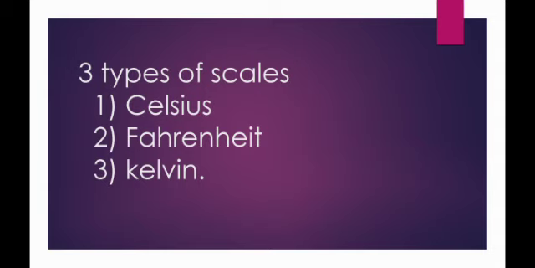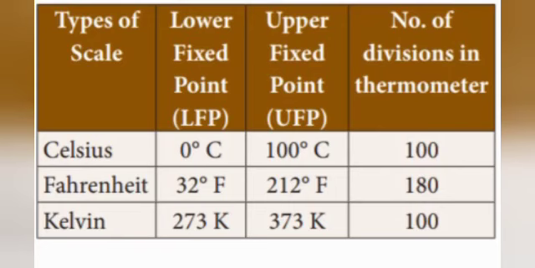Next, the melting point of ice is 0 degrees Celsius. So that is the lower fixed point, LFP. And the boiling point of water, 100 degrees Celsius, is taken as the upper fixed point, UFP.